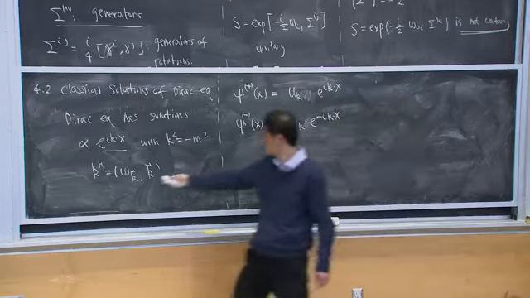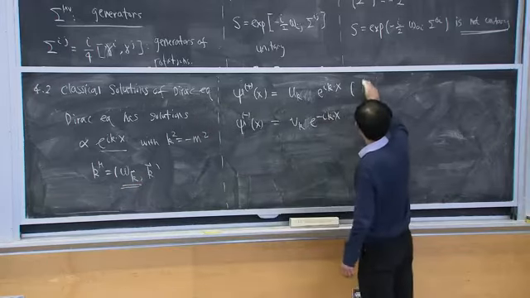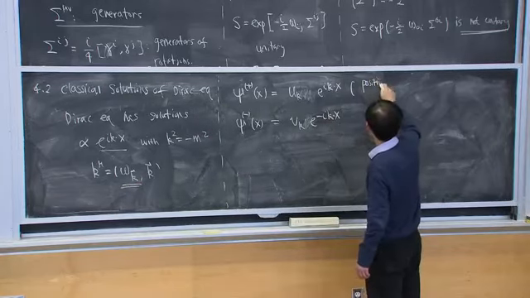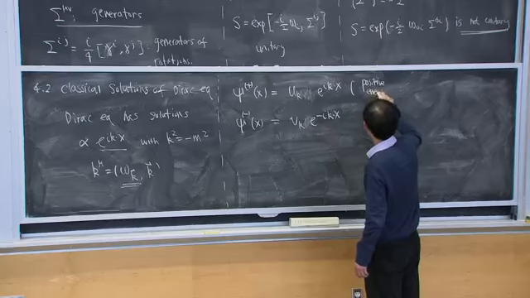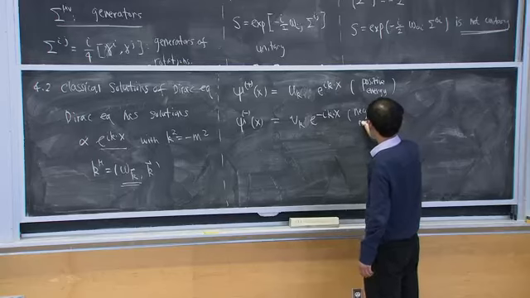Because k has positive frequency, this is called the positive energy solution, and this is called the negative energy solution. But it's the same thing as in the scalar case.